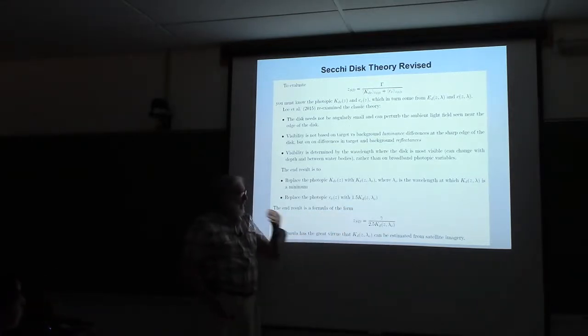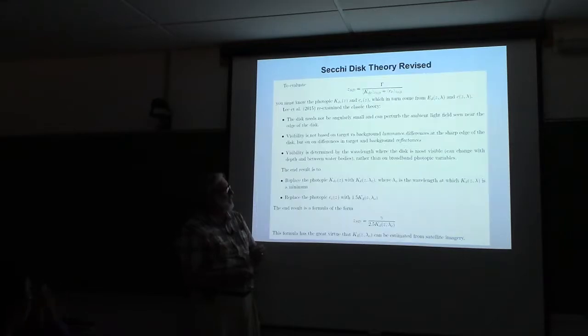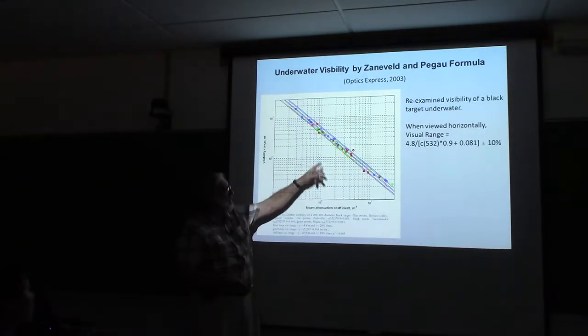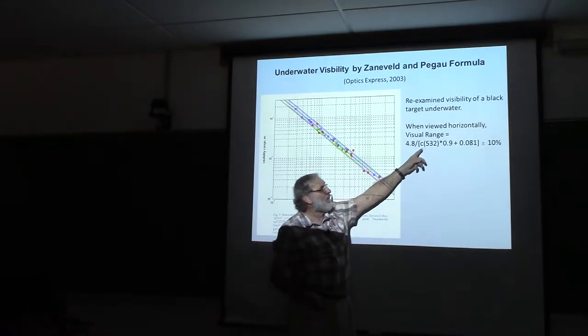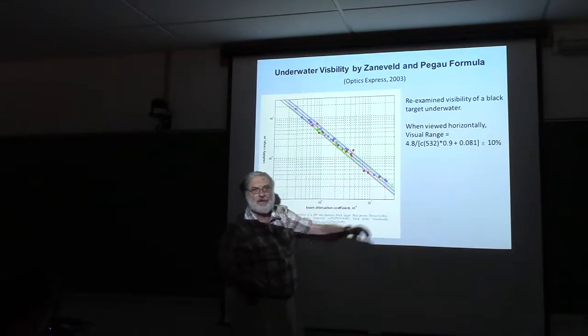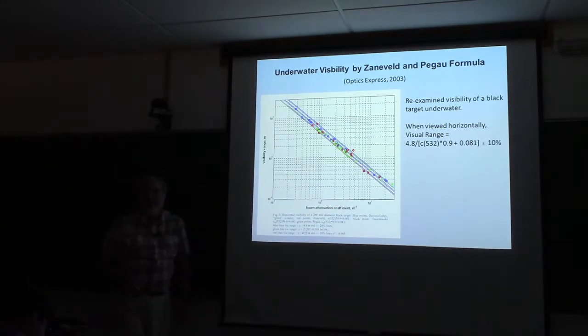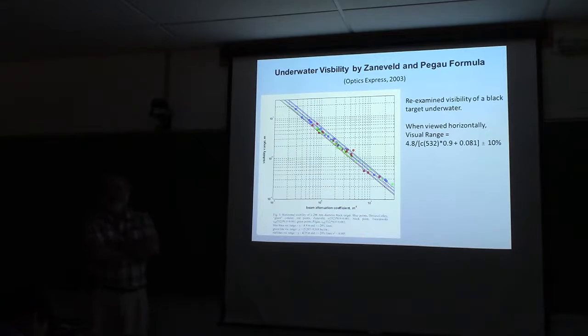In Zhang Ping's paper, there's a sentence down at the bottom somewhere that says if you're looking horizontally, then yeah, you can use beam c rather than KD. Doesn't explain it with any theory. It does not contrast the two theories in terms of how the new theory would possibly result in different answers.